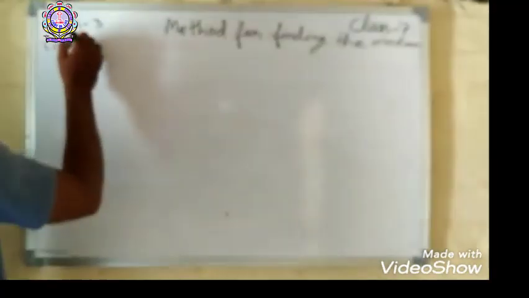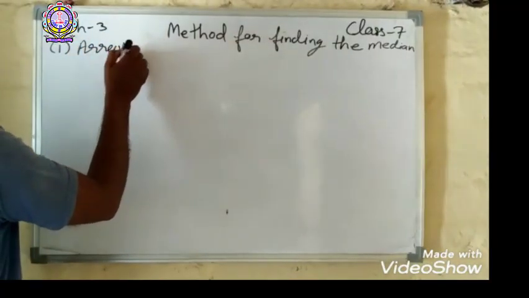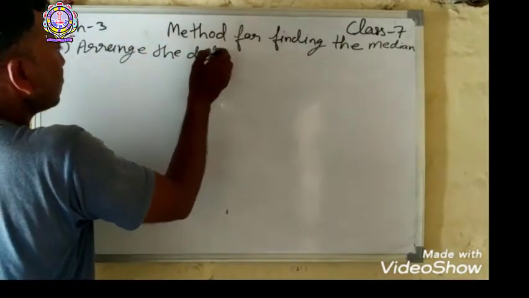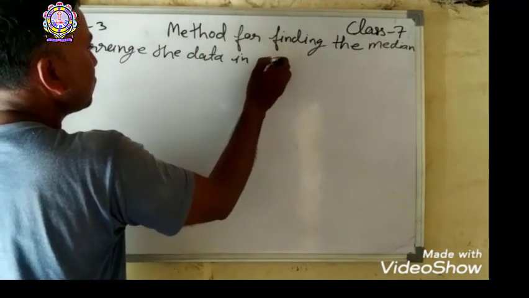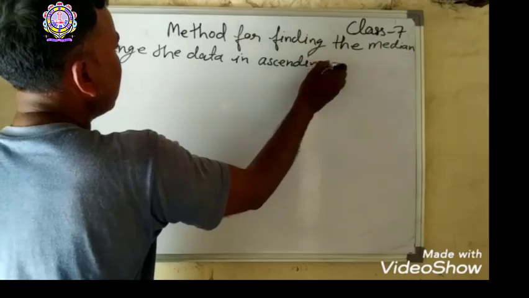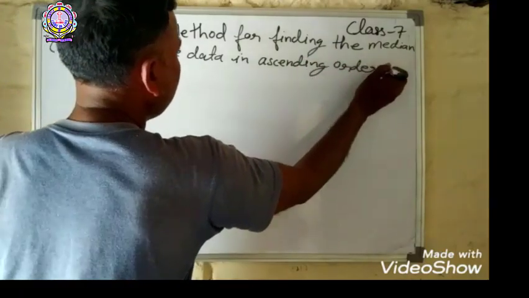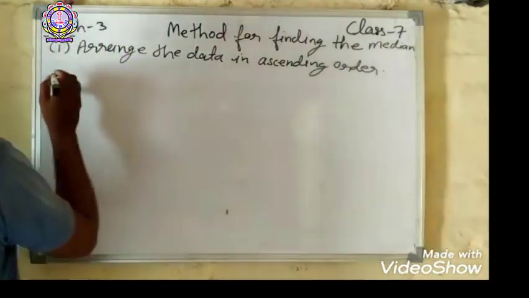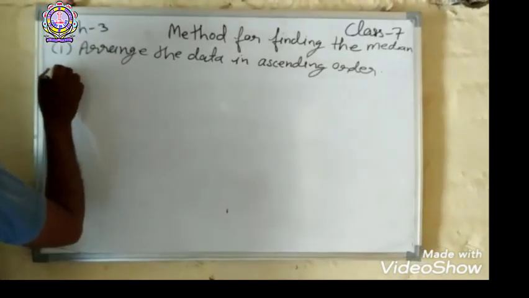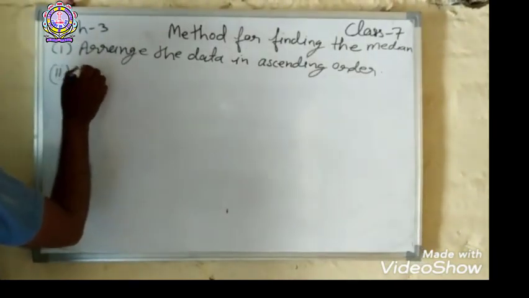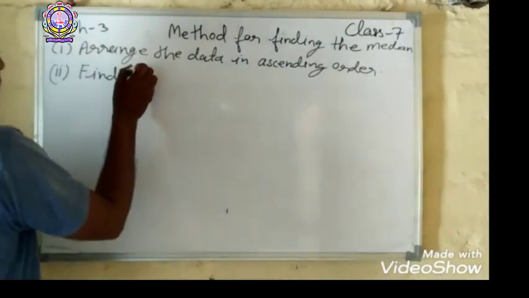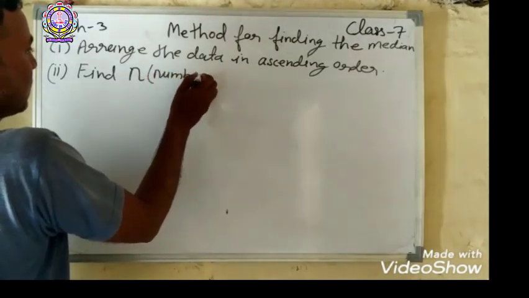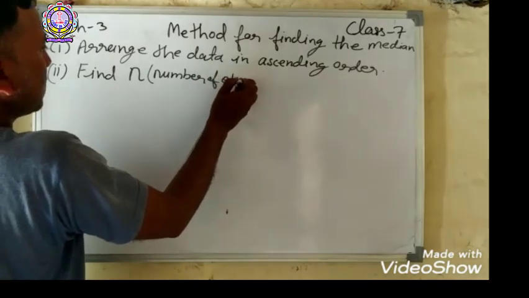It does not matter which. Then the second step: find n, the number of observations.